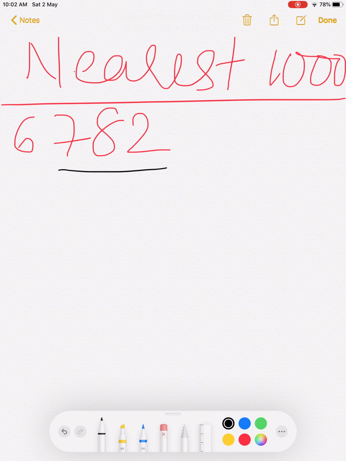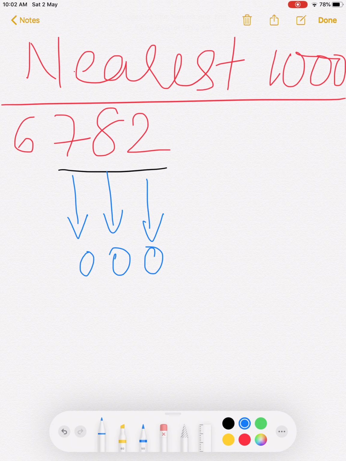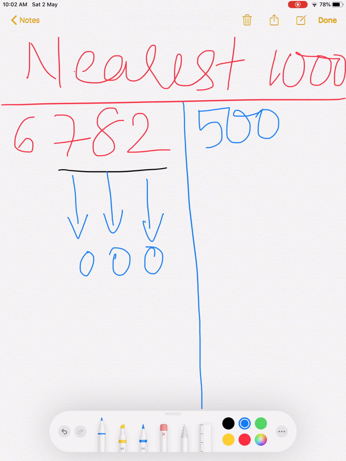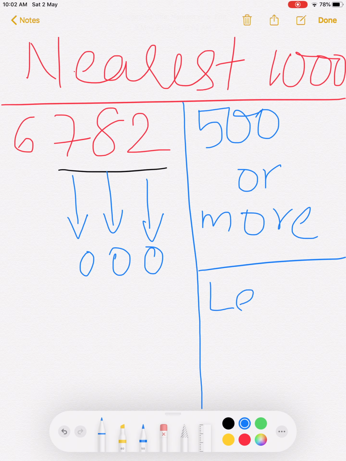So making nearest 1000 means we make ones, tens, and 100th places 0, and here also two conditions are there. Here 3 places we are considering, so we consider 500 or more, and less than 500.